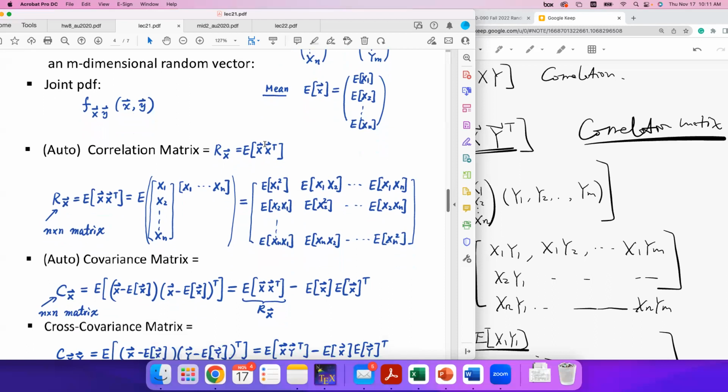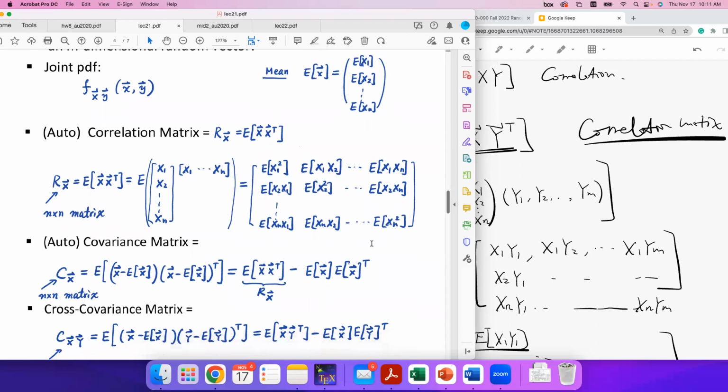And because it is the autocorrelation between X and itself, we can see that the diagonal entries correspond to the second moment of each random variable. And all the off-diagonal entries are the correlations between different pairs of random variables involved in X.